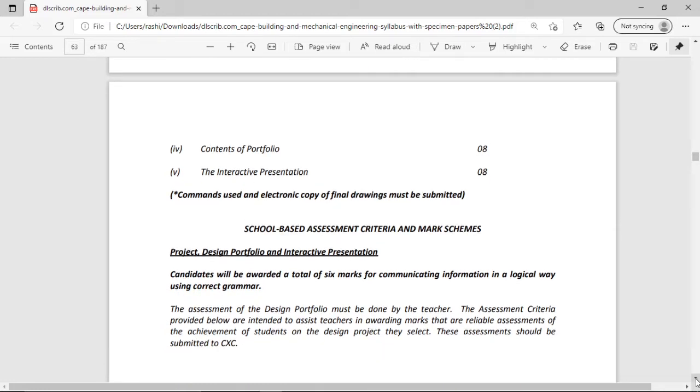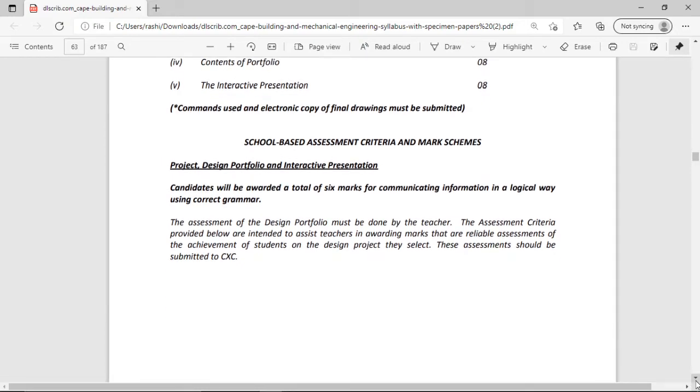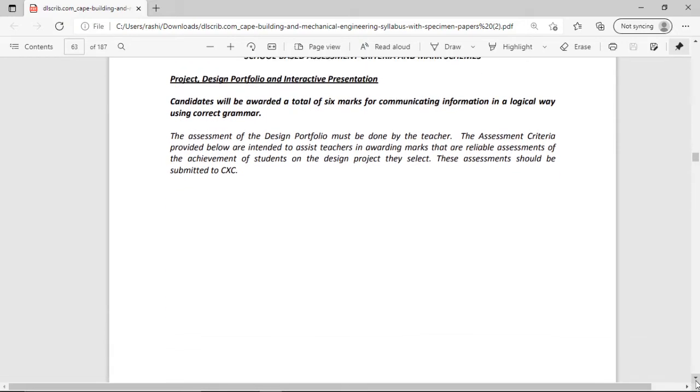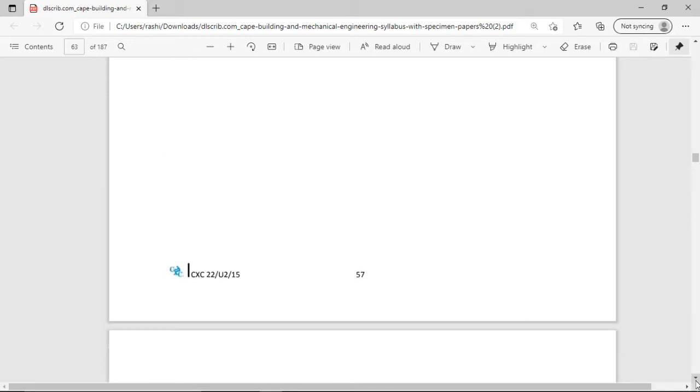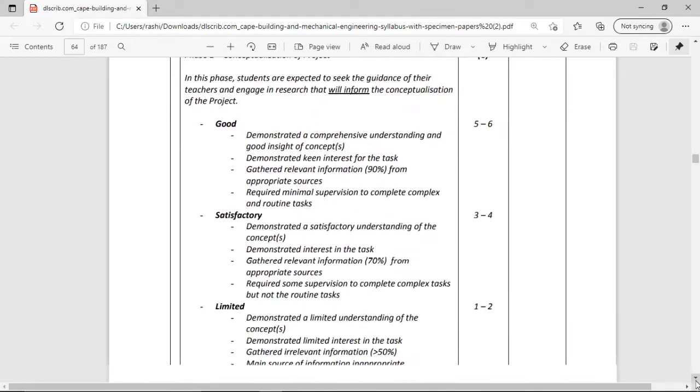All right, comments, use, and electronic copy of final display must be submitted. So what this is saying is that you will submit an electronic copy, which is like a soft copy, and you'll also submit a hard copy for the SBA. So this right here breaks down the marks even further.